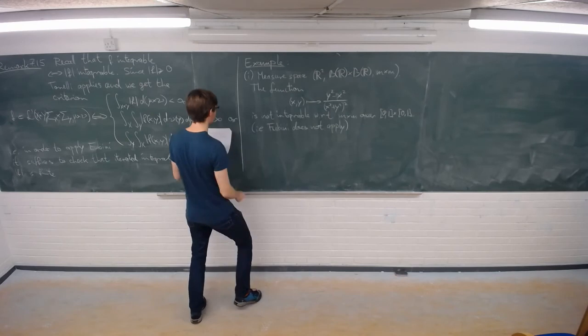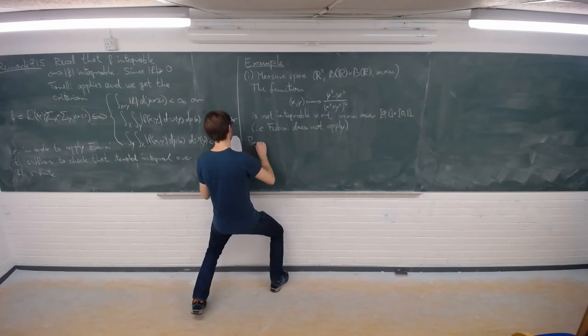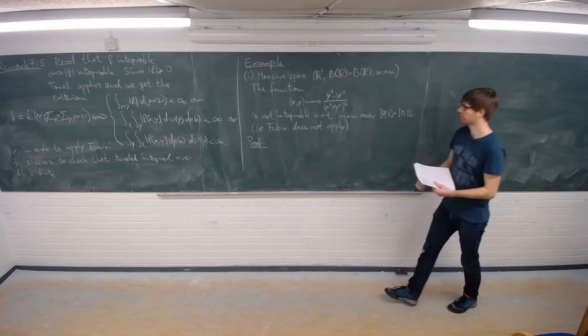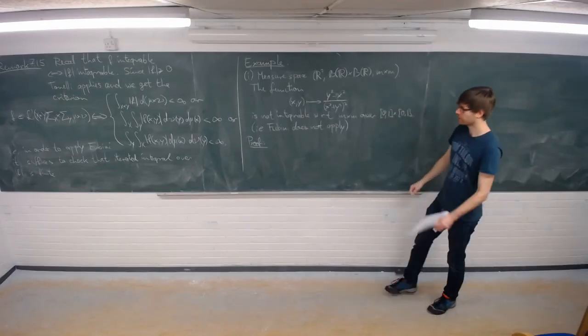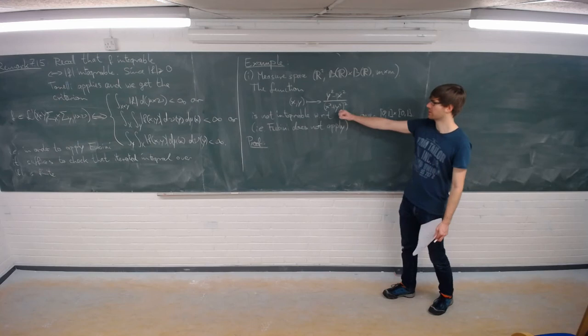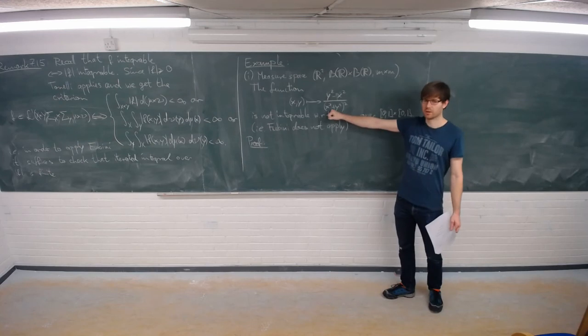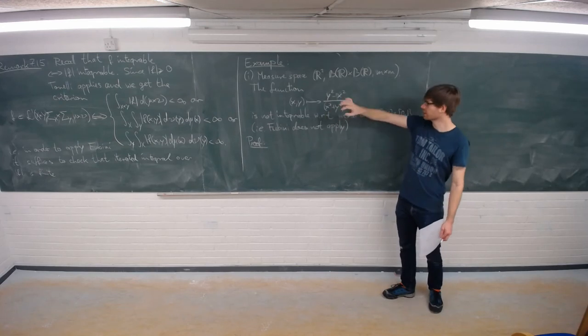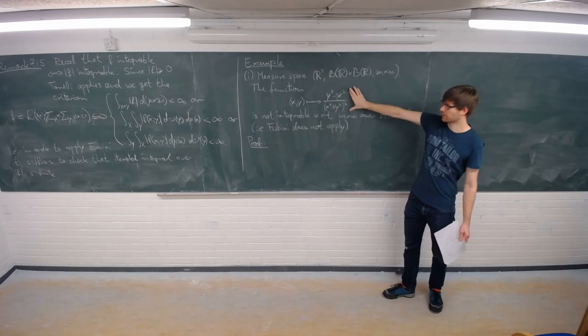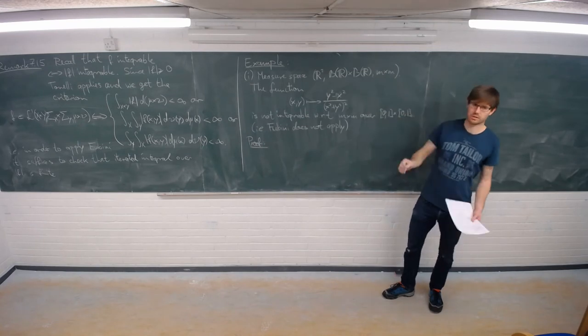Okay, and we're going to prove this. And the proof is a little bit dry, but essentially one shows that the singularity at 0 is so bad that if you take the absolute value of this function, then the absolute value is not integrable because it grows too fast at 0.